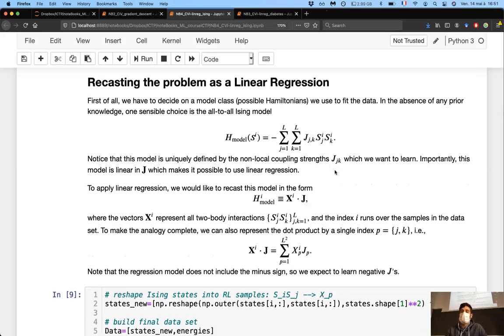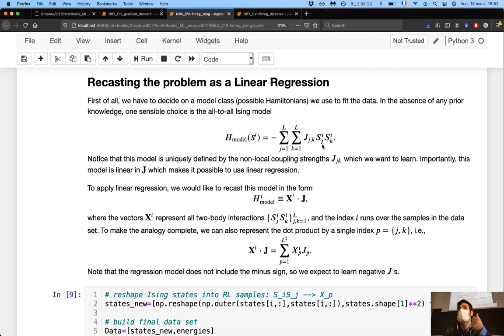Okay, so we need to cast the learning problem into a linear form because we want to do linear regression. So the first thing we'll do is represent this: if you fix a configuration, you have a matrix indexed by jk.